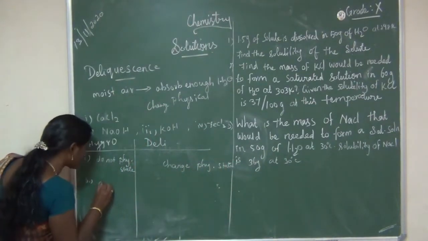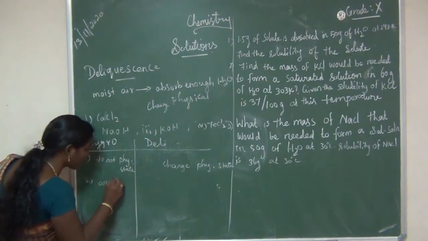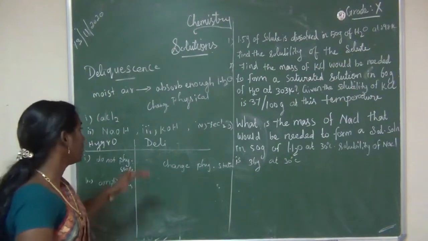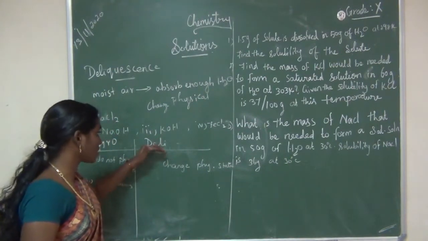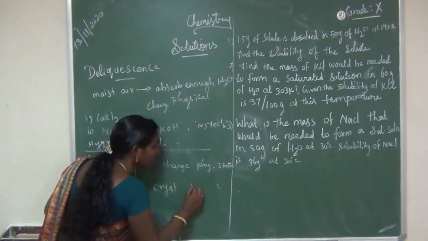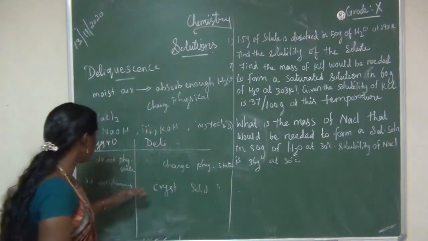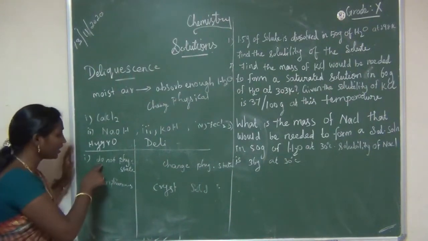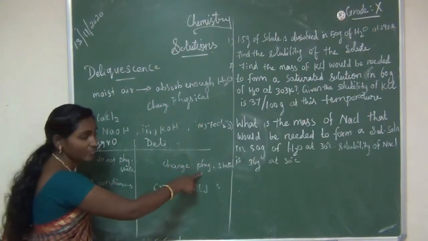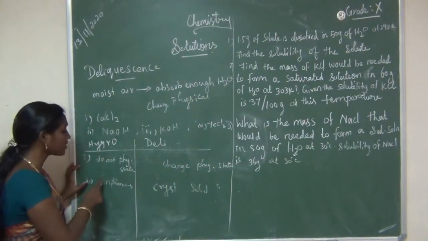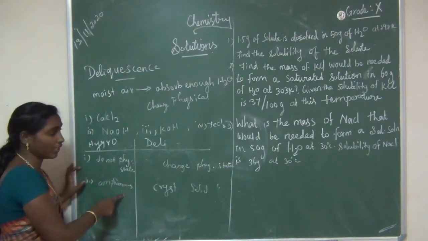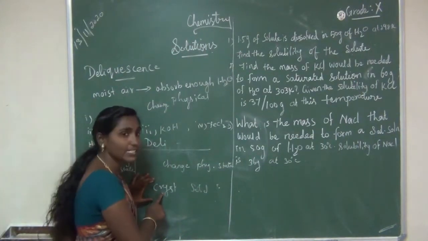Hygroscopic substances are amorphous solids or liquids. Deliquescent substances are crystalline solids. So here we studied two points. First, hygroscopic does not change its physical state, here it will change its physical state. Then next, hygroscopic substances are amorphous solids or liquids, and deliquescent substances are crystalline solids.